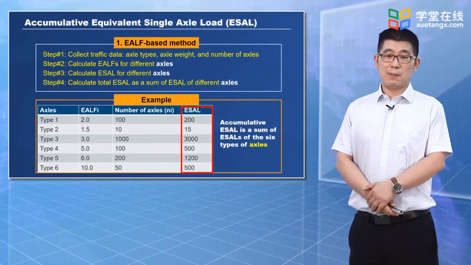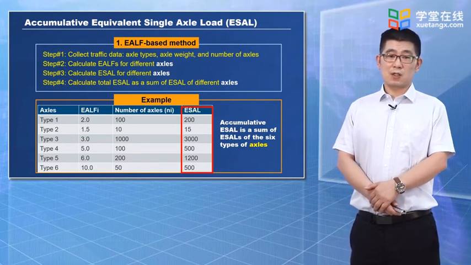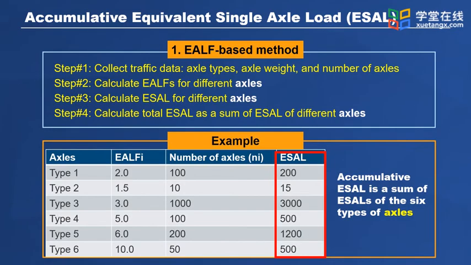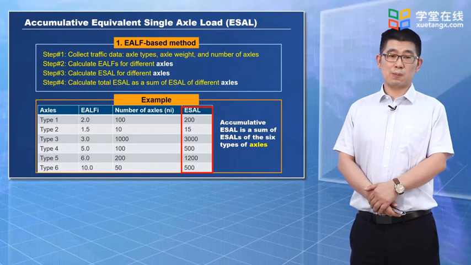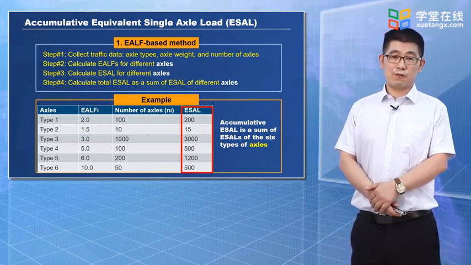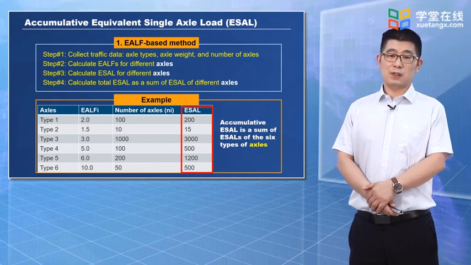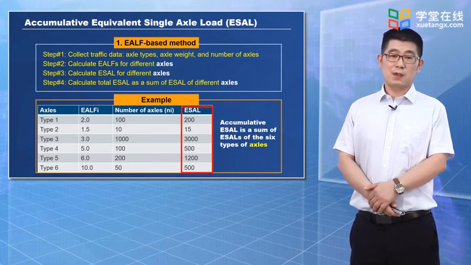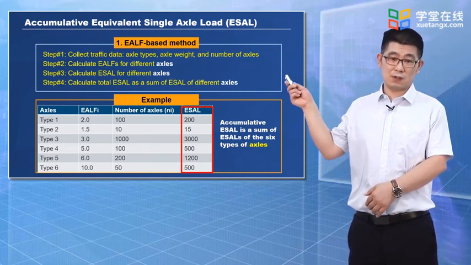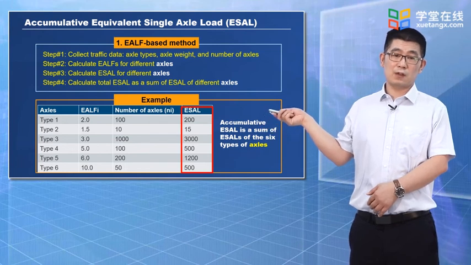Now, let's come back to our topic, ESAL. In pavement design, the accumulated ESALs on the design lane during the service life are used for determining pavement structure thickness. There are 2 basic methods, namely the ELF-based method and the TF-based method. There are 4 steps for the ELF-based method. Step 1, classify the traffic axles as shown in the third column of the table.